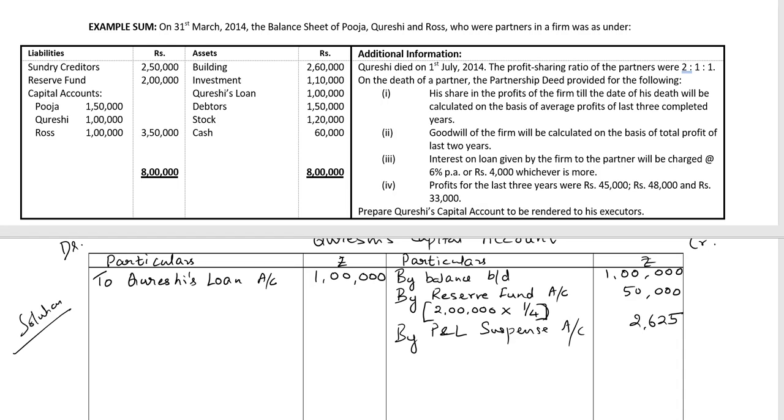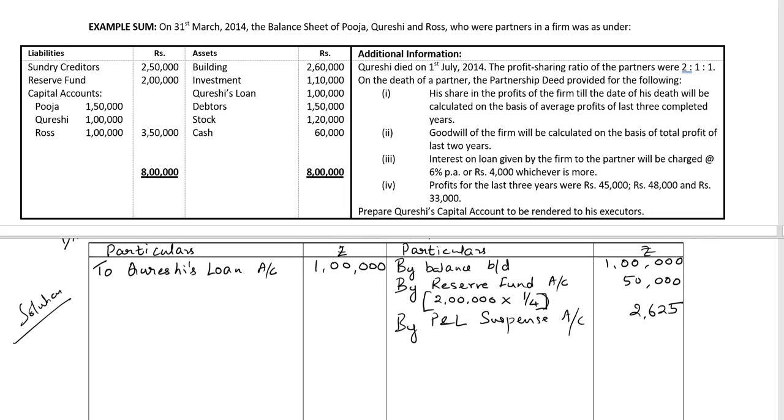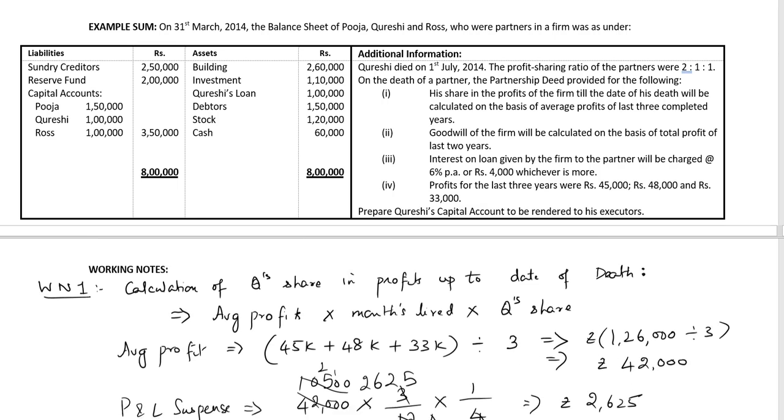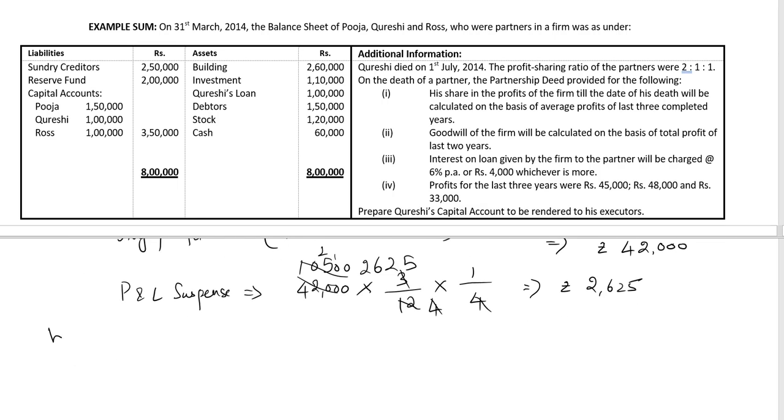Let's go to the second point. Goodwill of the firm will be calculated on the basis of total profits of the last 2 years. So the next working note 2 is to calculate Qureshi's share of goodwill.